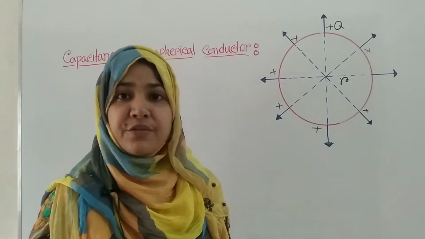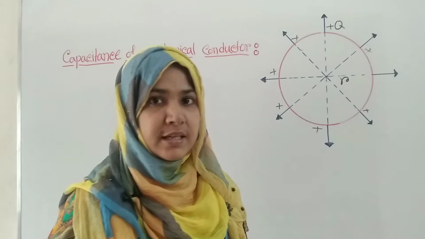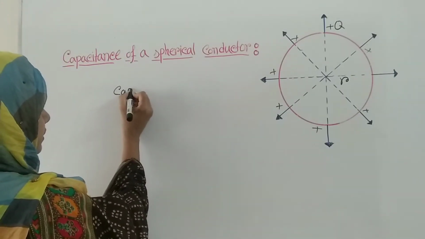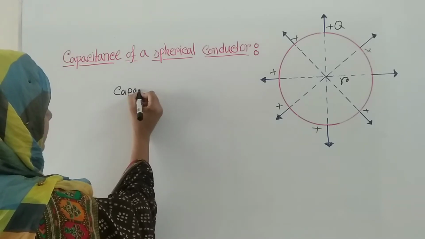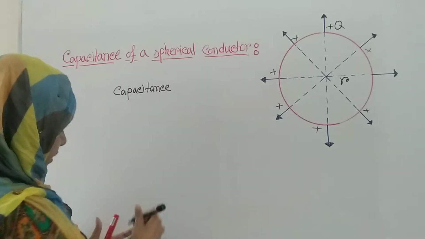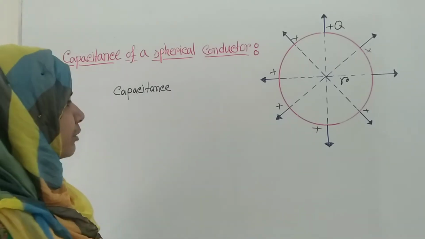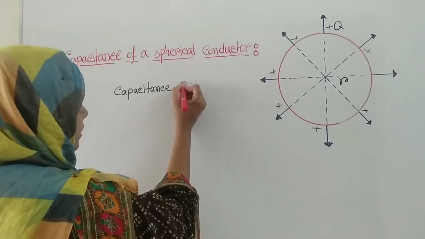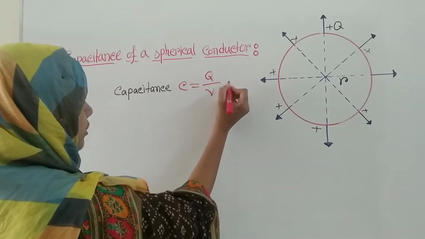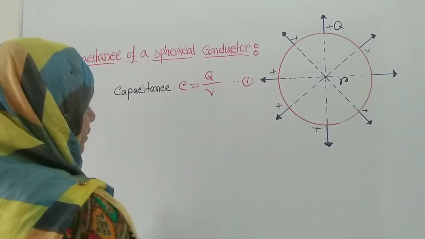Now from the definition of capacitance, we know that capacitance is denoted by C. So C is equal to Q divided by V. Make it equation 1.